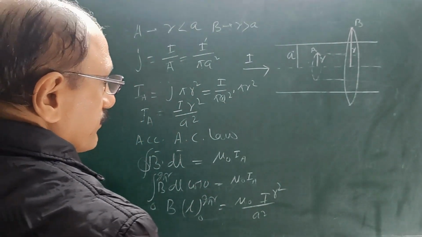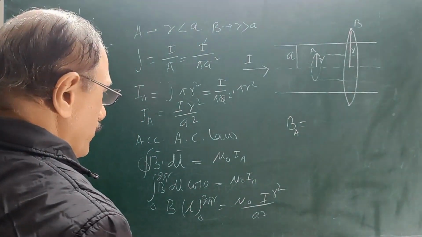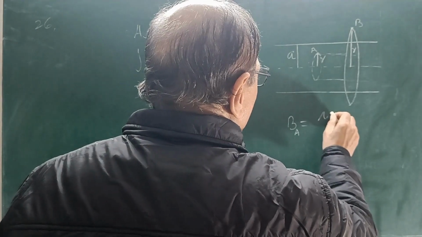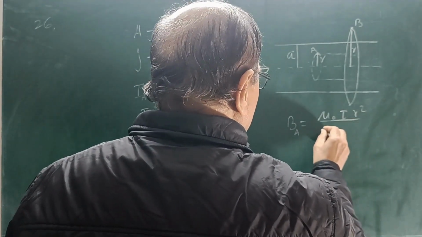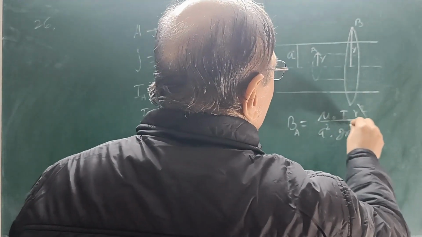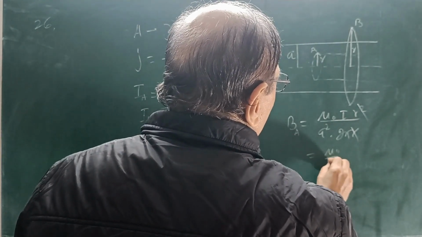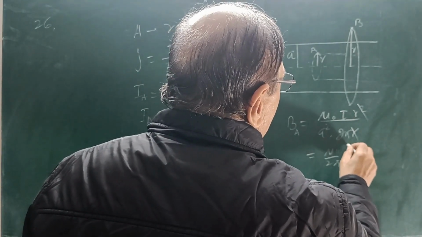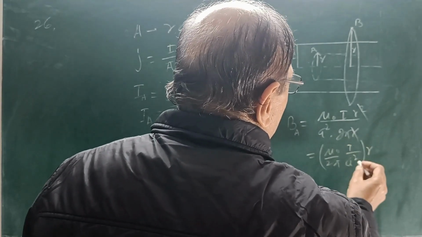So B will be equal to mu naught I r square upon A square into 2 pi r. One of the r will cancel out.